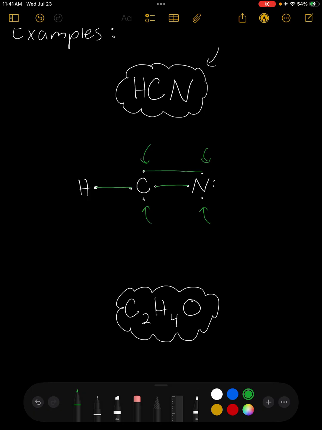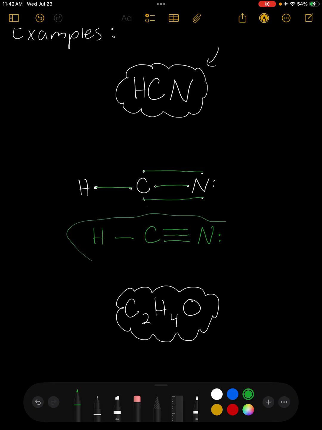So we're going to draw a bond here, and we're going to draw a bond there, right? The problem with this is that that structure is not very pretty. So we got to clean it up. We're going to have H, C, and then all of those lines need to be super pretty in the middle. And then that lone pair is still on nitrogen.